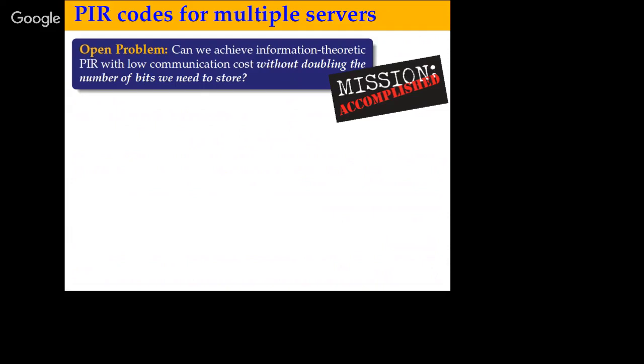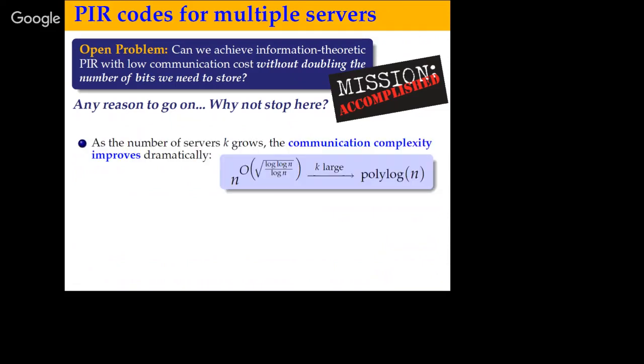Okay, so a good question to ask is, maybe that's it. Why do we need to worry about anything else? Let me give you 2 answers. The first answer is something I already mentioned.